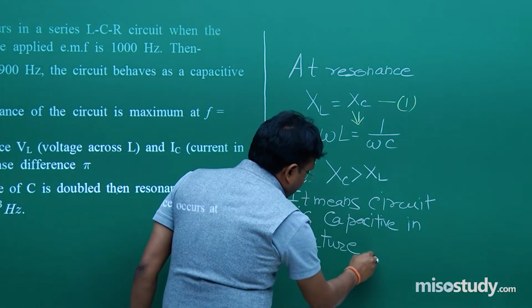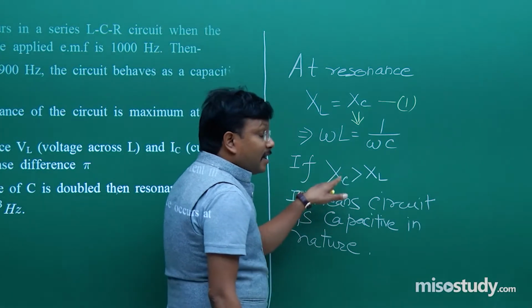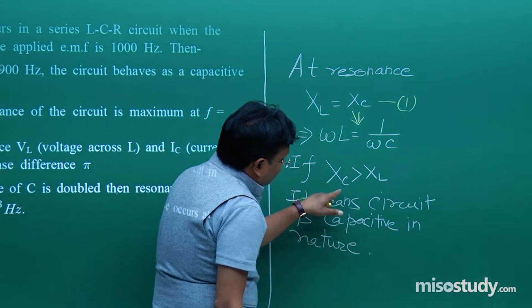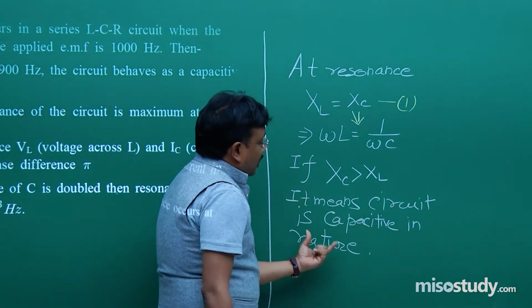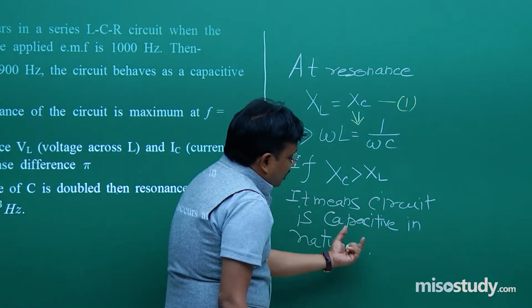Now, if XC is less than XL, then what will happen? So, if XC is less than XL, then it means circuit is inductive in nature.